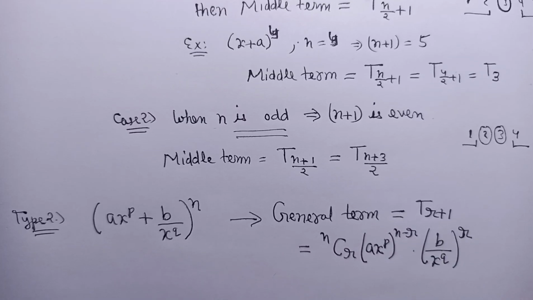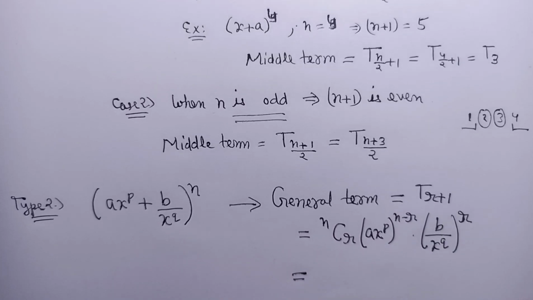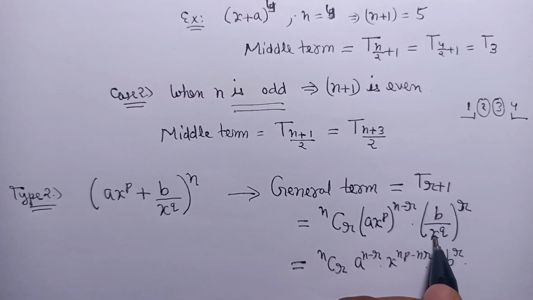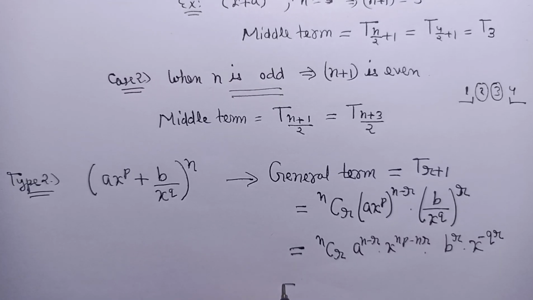So when you do some simplification, this will be equal to nCr a^(n-r) x^(p(n-r)) b^r, and this x^q is in the denominator. When you take this in the numerator, the power will be negative, so you should write x^(-q) with r in multiplication, so this is x^(-qr). Do some more simplification.